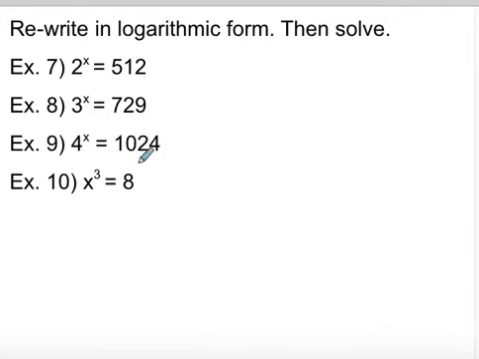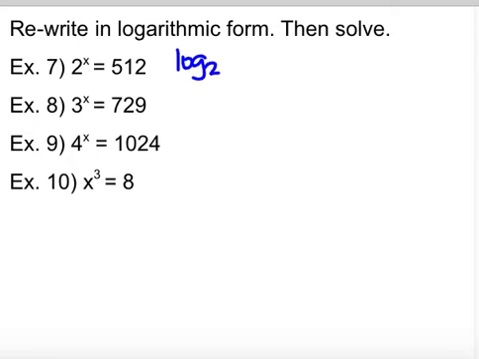Just a couple more so that you're prepared for your worksheet. These directions here are write as a logarithm. So to read this, we're going to say 2 to the what is 512. Okay, so we'll just do 2 of these examples here. You're going to write on your paper log base 2.